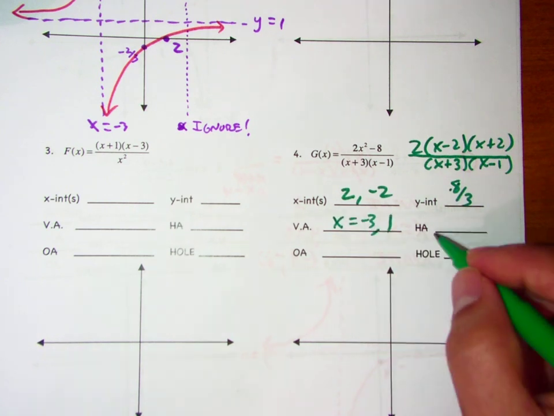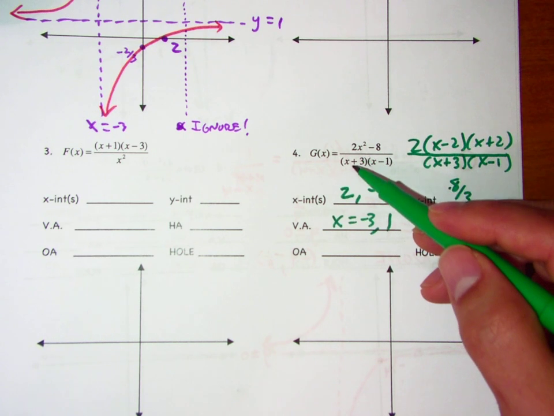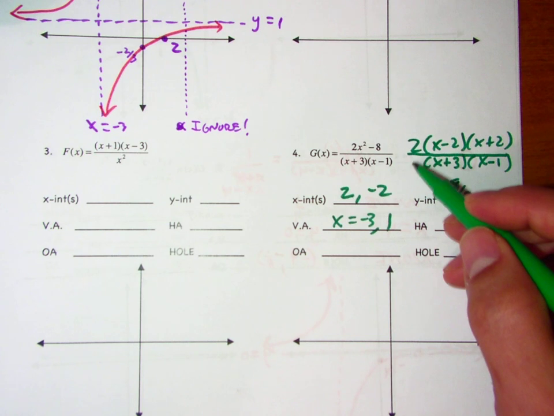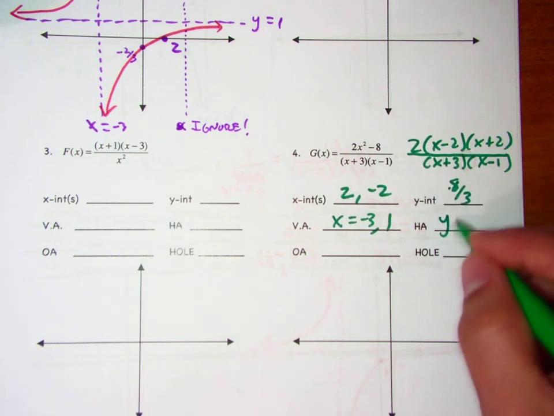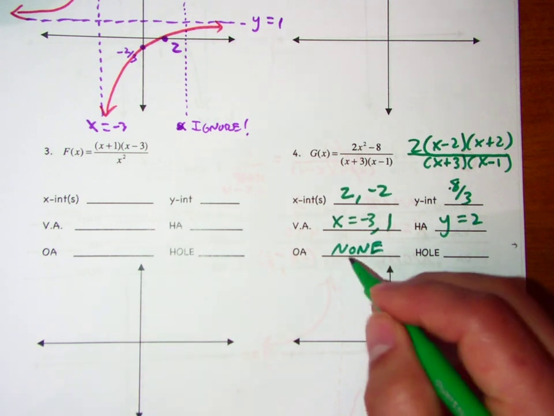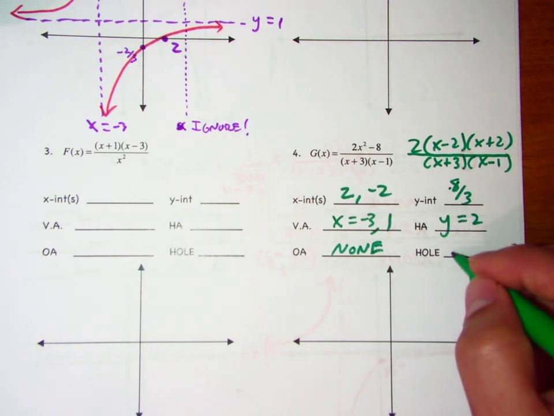Horizontal asymptote, since the degrees are the same, we got a quadratic divided by a quadratic. You take leading coefficient divided by leading coefficient. So you got 2 divided by 1. So that'll be y equals 2. And that means there's no oblique asymptote. And nothing canceled in this case, so there's no hole.